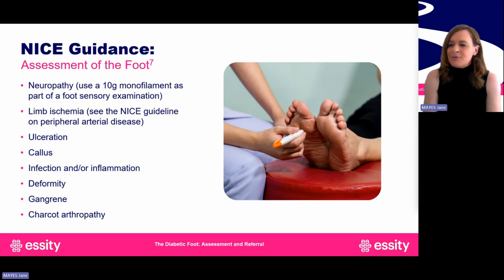So with regards to our guidance, we focus a lot on NICE guidance, but also what the National Wound Care Strategy has very recently pushed out in 2023, last year. And I'll share the links in the chat and make sure you get these as follow-up. The National Wound Care Strategy is supporting what NICE is saying, that we need to assess these patients. We need to look at these patients' feet.